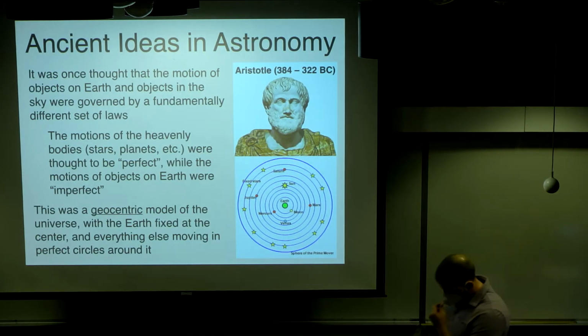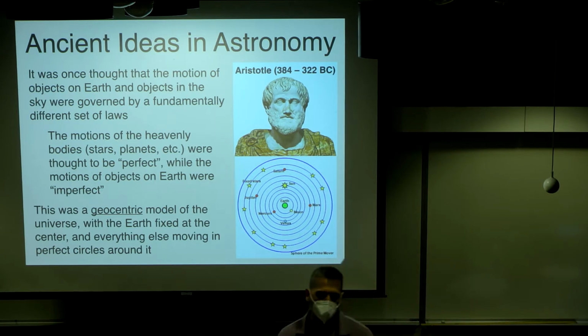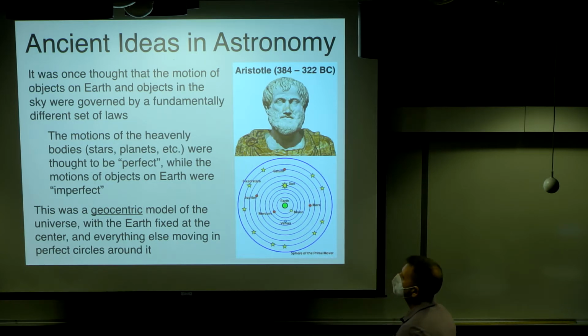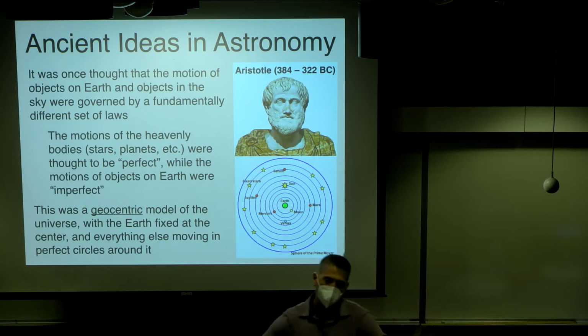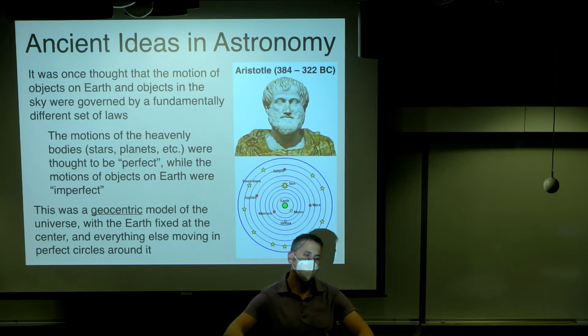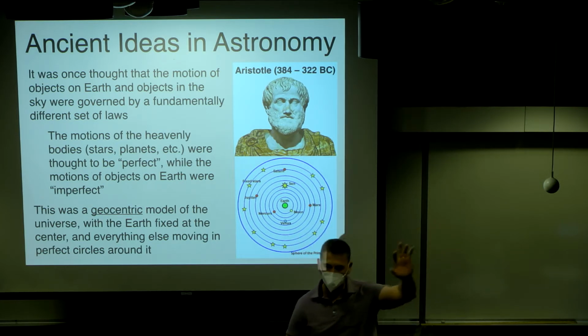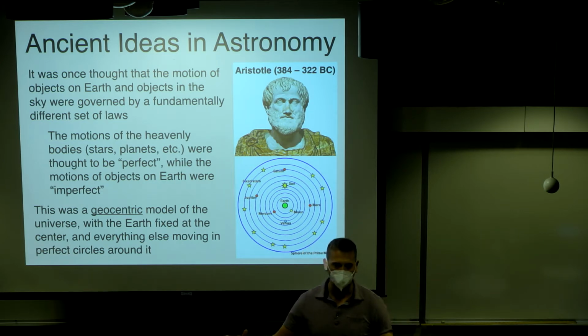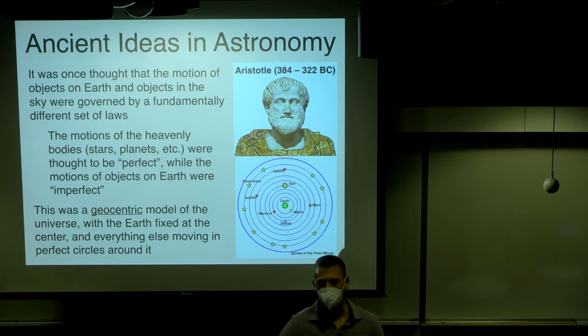So if you go back before what we now call modern science, people had some very different ideas about the way objects out there in space move around. It was commonly understood that the way things move here on Earth and the way things move out there in the heavens, I'm talking about like the planets and the stars, it was thought that those types of motions were very different and that they were governed by like a completely different set of laws.